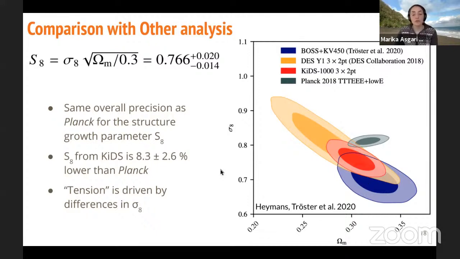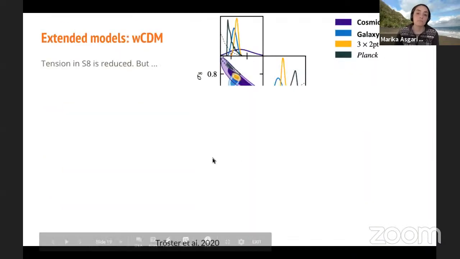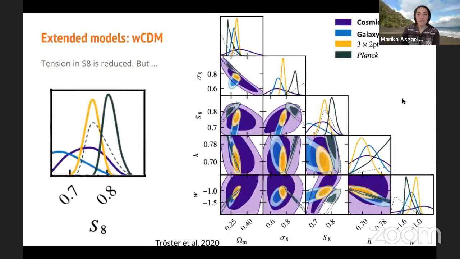And it looks like from this plot that the tension is mainly driven by the value of sigma 8 rather than omega M. Okay, so we still have this tension between the value of S8 between Planck and large-scale structure analysis.